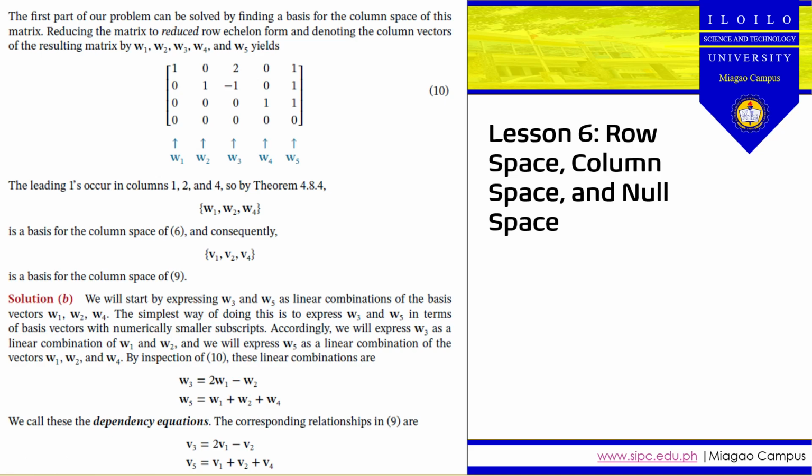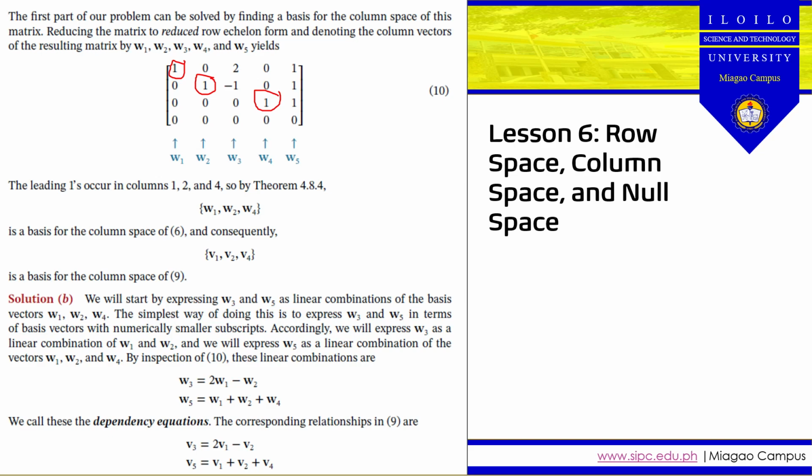As you can see, we could easily identify the basis by looking at the leading ones. In this case, the leading ones are in w sub 1, w sub 2, and w sub 4. These form a basis for the column space, so we have here the basis of the column space.